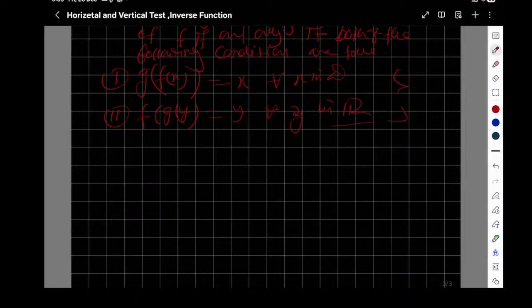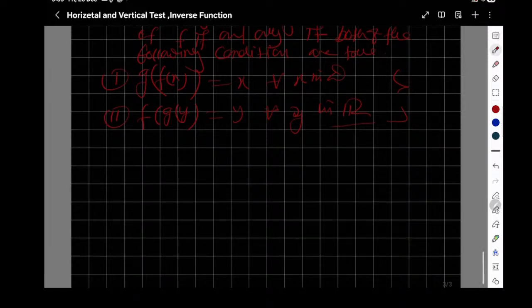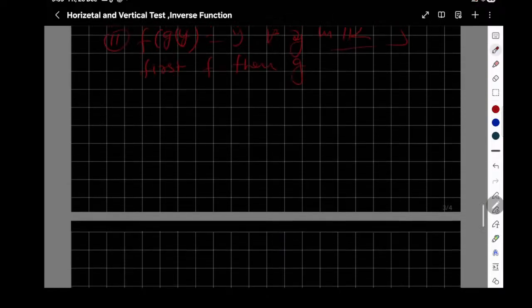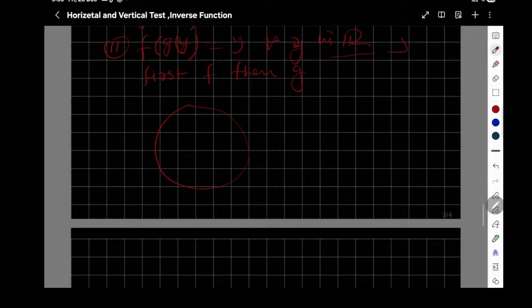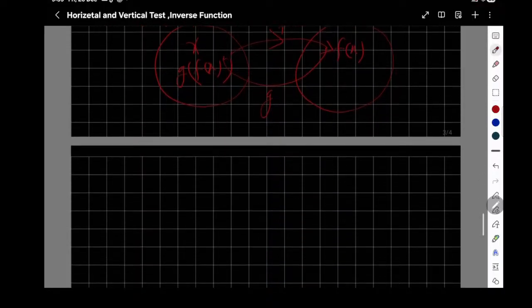Now I give you some examples and plot the graph. First f and then g. If you plot the graph, set a here and b here. So x goes to f of x, which operates the function f, and now operating g again, b becomes g of f of x.